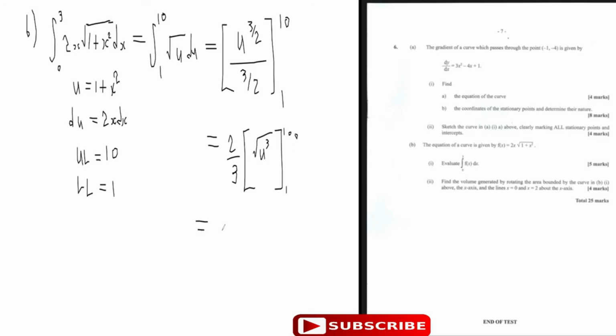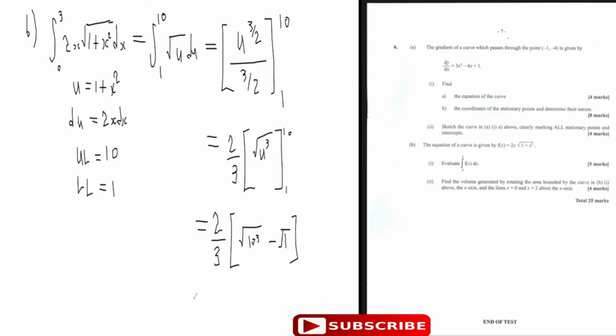That's going to be equal to 2 over 3 times, when you plug in 10 cubed, square rooted, minus 1 cubed, square rooted, and you work that out.